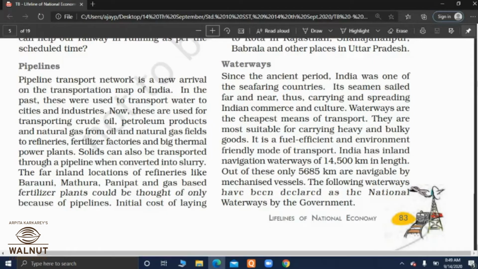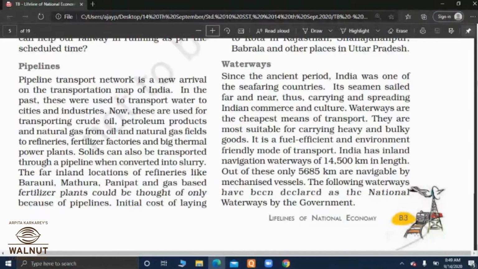India has inland navigation waterways of 14,500 kilometers in length. Out of these, only 5,685 kilometers are navigable by mechanized vehicles. Mechanized means those running on motor boats, as we say.